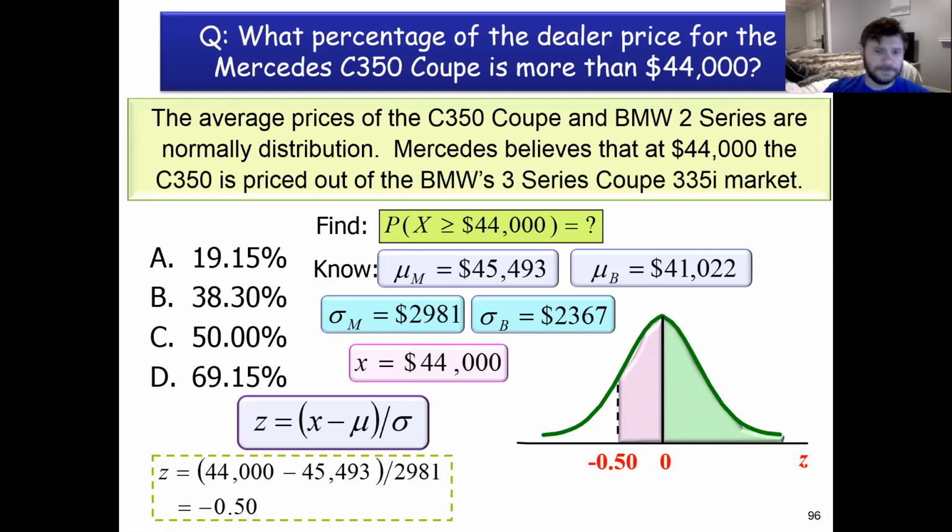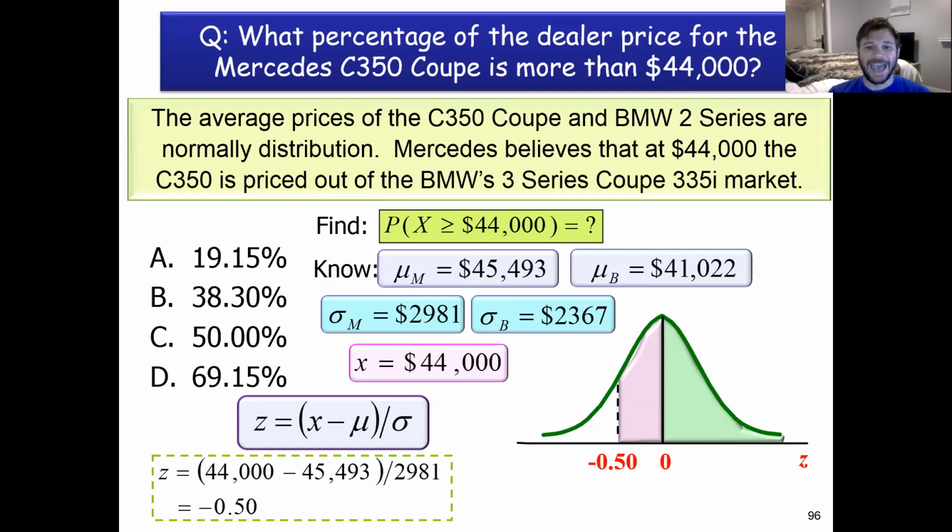So take a moment, go to your standard normal table, and find the Z value of 0.5 in the row. You're going to go to that first column where there's a 0 in the second decimal place to find the table probability. That gives you the pink region.